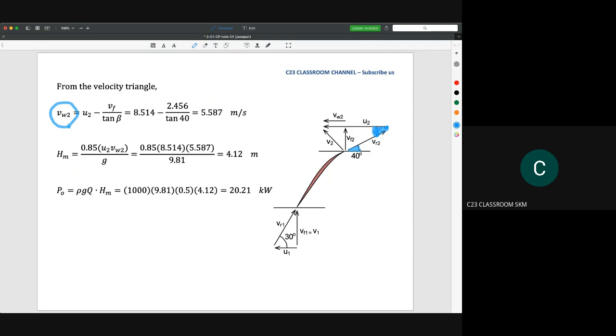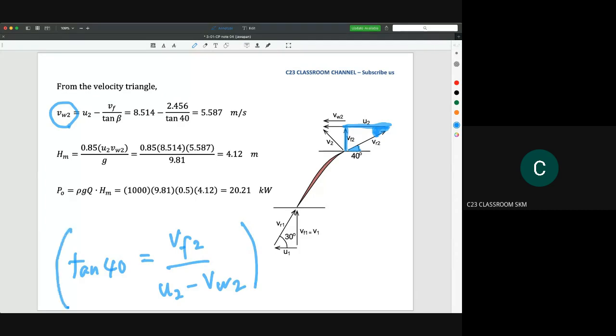Then we could say that the tangent of 40 is the VF2 here, divided by the length of this one, which is equal to U2 minus V2. If you rearrange this equation, you could get something like this.